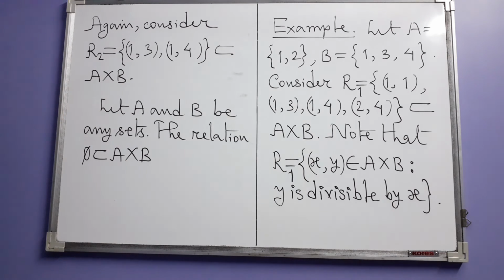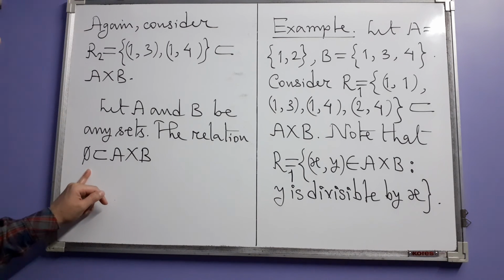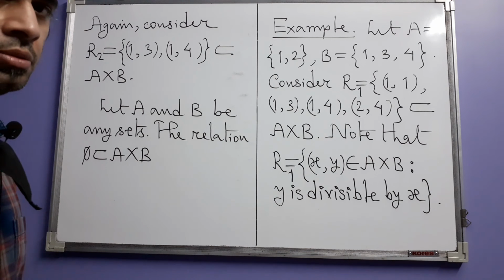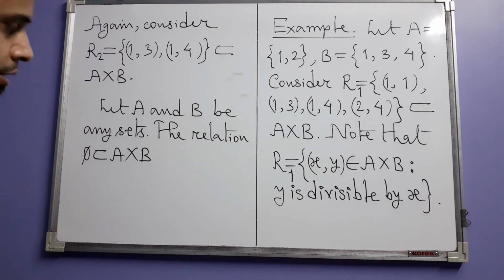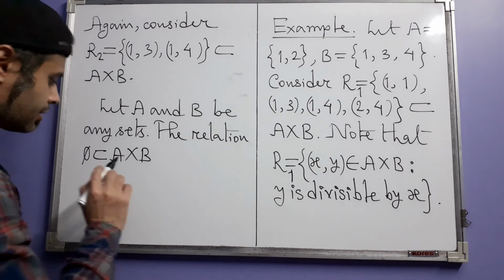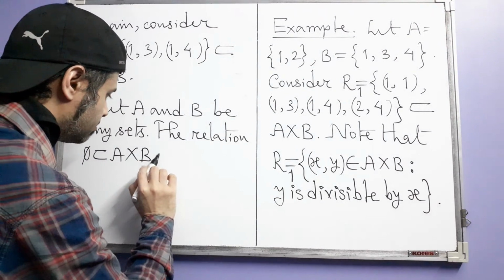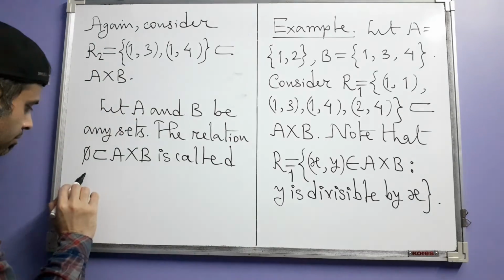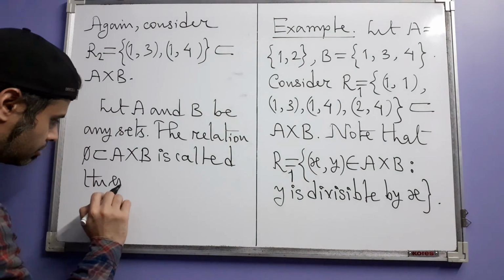So, it also by definition is a relation, and it relates no element of A to no element of B. Okay, it does not relate anything of A to anything from B because it does not have any ordered pair in it. And that is why this is called the empty relation.